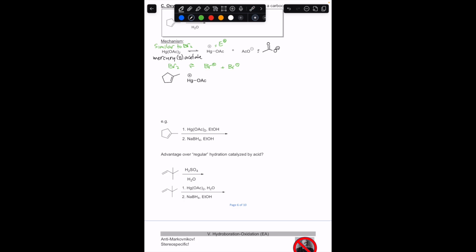Another thing that's similar about it is that mercury is fairly electron rich in the valence shell as a metal, so it still has a lone pair. As it grabs the electrons, this is going to form a 3-membered ring like with a bromonium ion.